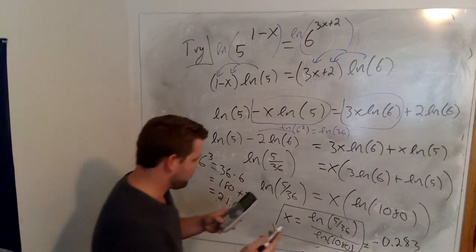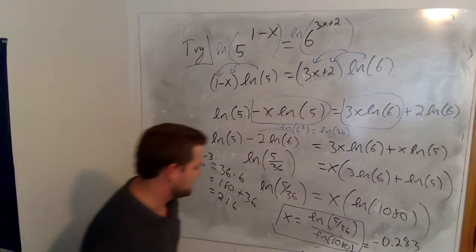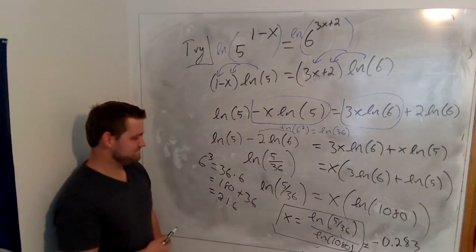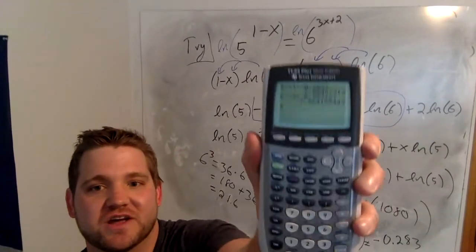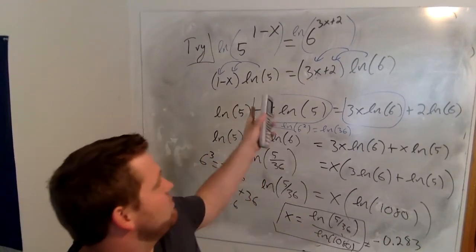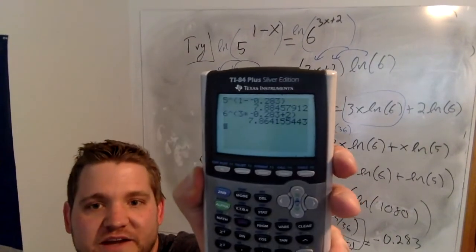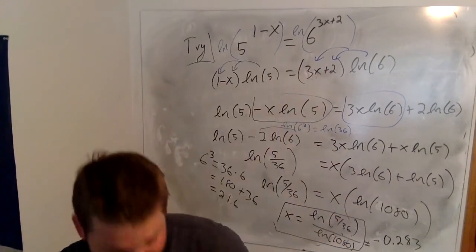Yeah, I'm getting roughly 7.88 for both of them. So yes, this would be the correct answer here. If you want to know what I plugged into my calculator, I was checking that when I plug in roughly negative 0.283 into the above equation, both sides were roughly getting the same answer. Of course, I rounded a little bit, so that's why it's a little bit off. But yeah, this would be the right answer.